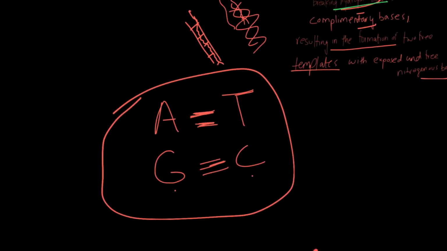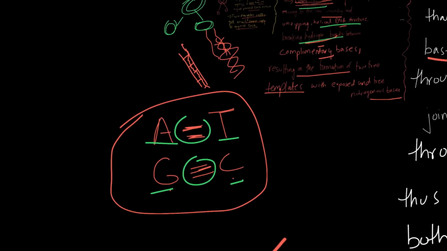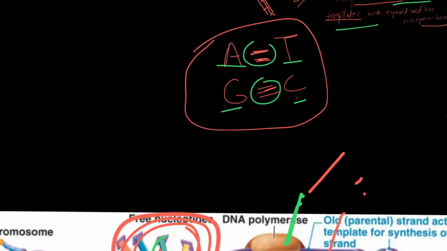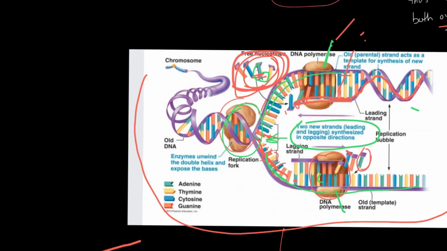What are the complementary bases? They're adenine and thymine, which have two hydrogen bonds, and guanine and cytosine, which have three hydrogen bonds. After breaking these, it results in the formation of two free templates with exposed and free nitrogenous bases.